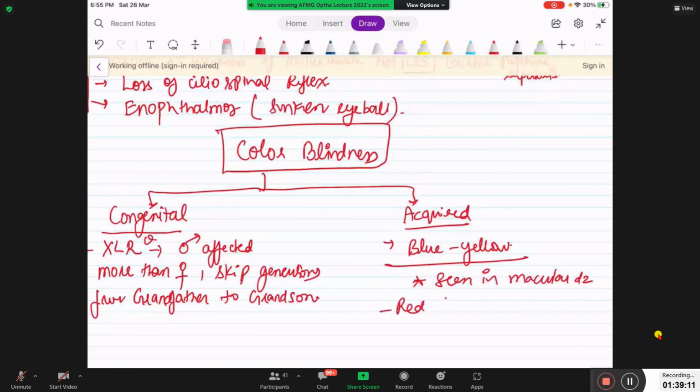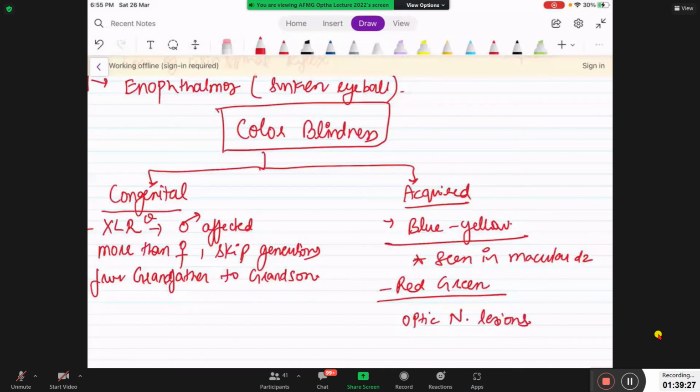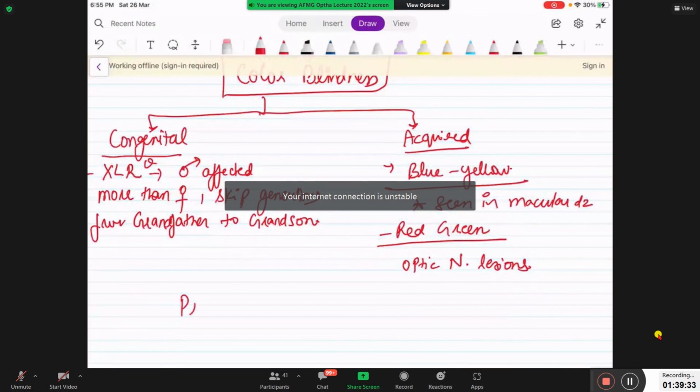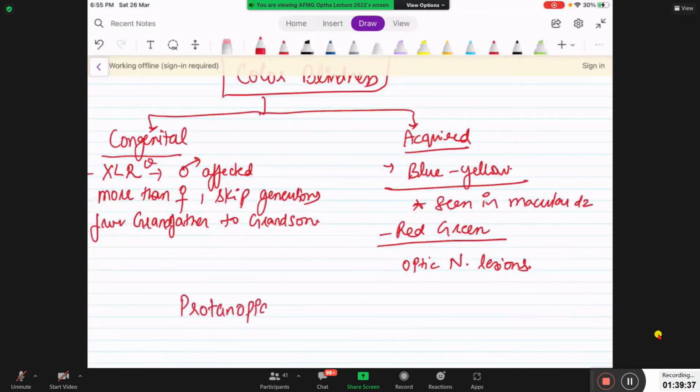Red-green color blindness is seen in optic nerve diseases. Now write down: anopia means blind.